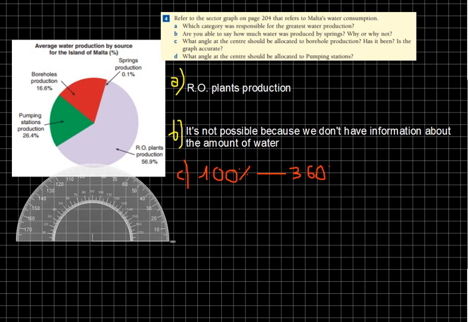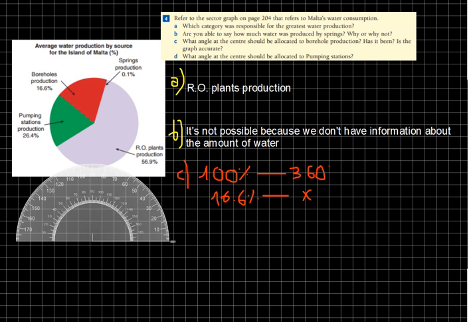So if 100% is equal to 360 degrees, how much is going to be 16.6%? That is our unknown.